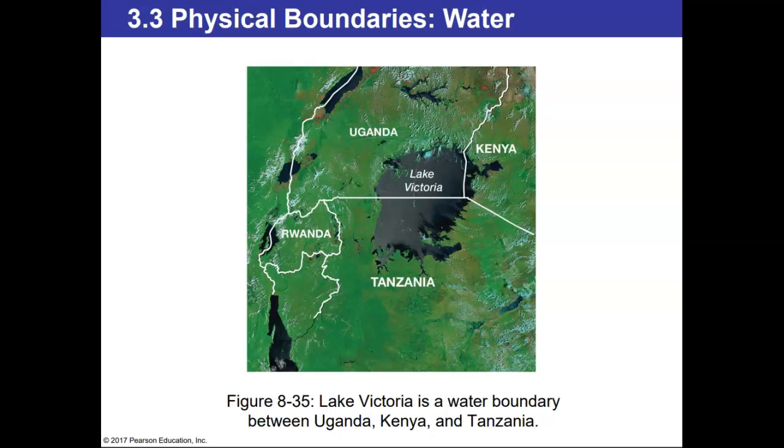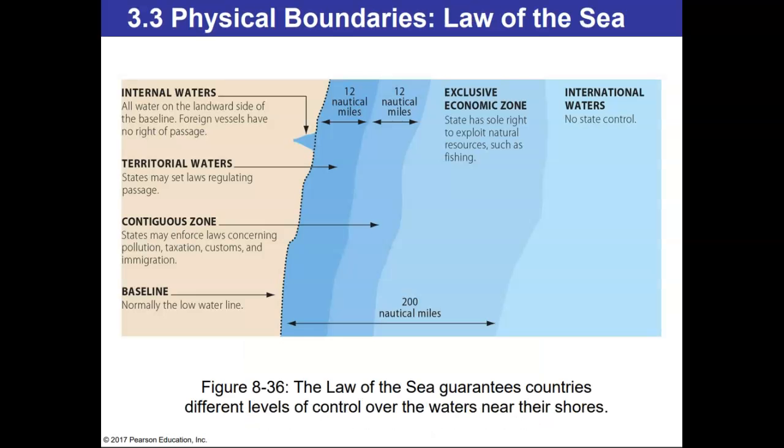Rivers, lakes, and oceans can all act as physical features that establish boundaries. There are several lakes that have established water boundaries in East Africa. Another example would be the boundary between the Democratic Republic of the Congo and Uganda, and that boundary runs through Lake Albert.